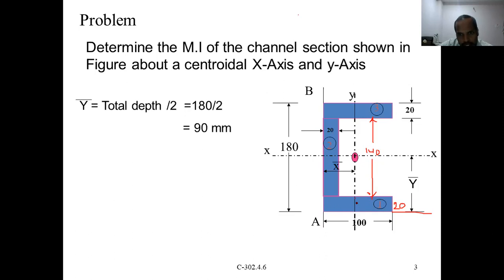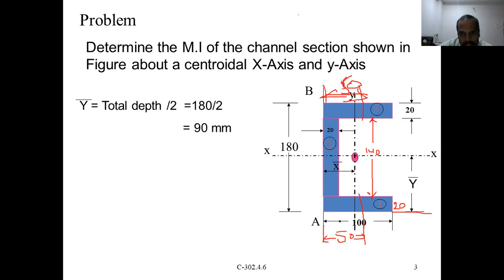It lies exactly at the middle. The total width is 100, so the middle means 50. So it lies at a distance of 50. Similarly, this one also, because both are the same size, so it will also be 50.